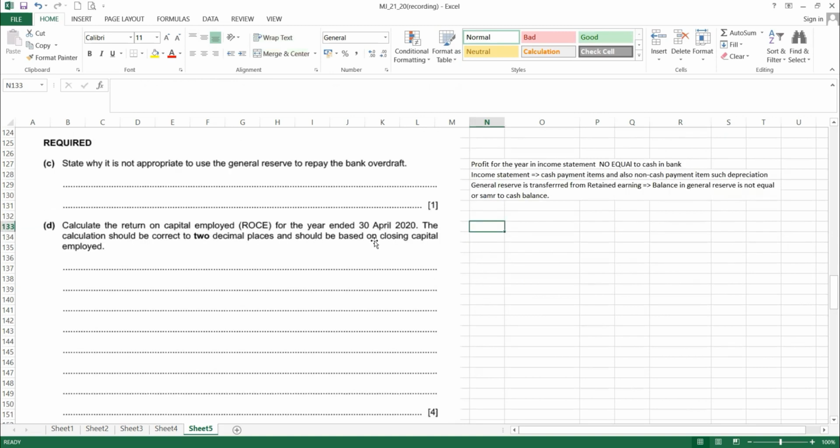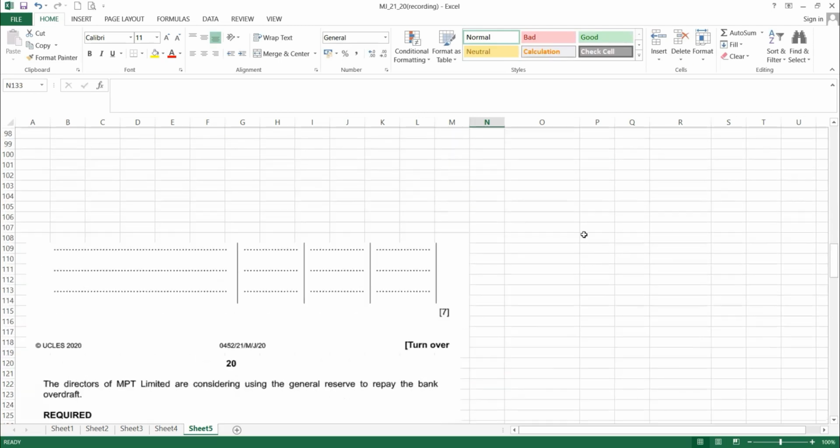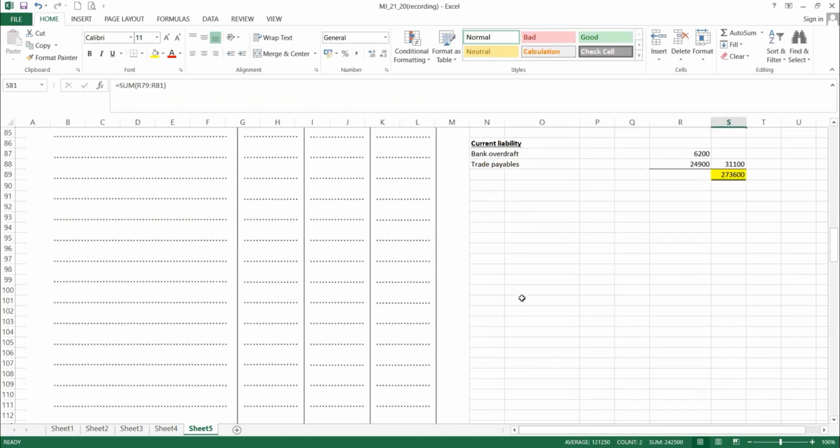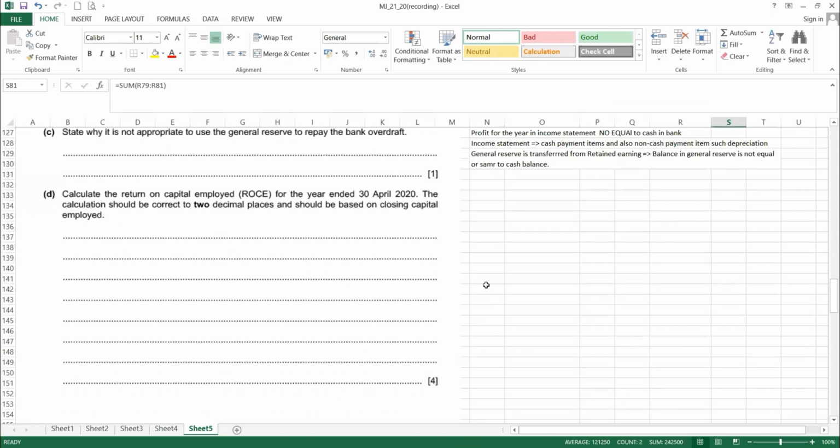Okay, let's continue. D, calculate the return on capital employed for the year ended 30 April 2020. The calculation should be correct to 2 decimal places and based on the closing capital employed. Closing capital employed means they want us to take these two amounts for the calculation. Okay, let's see the formula first.